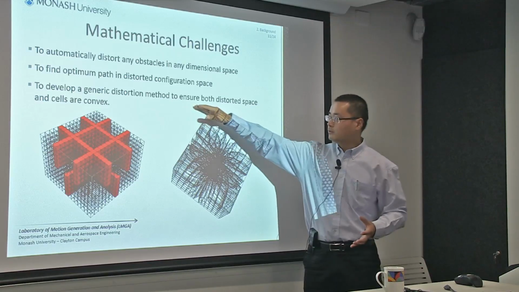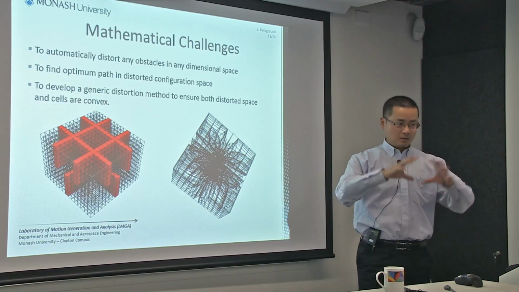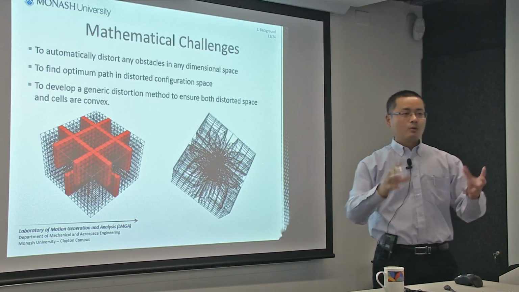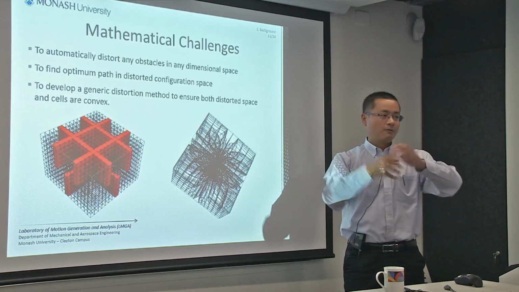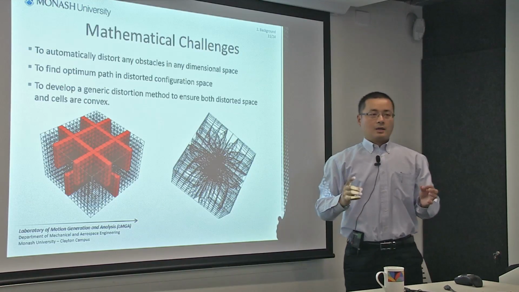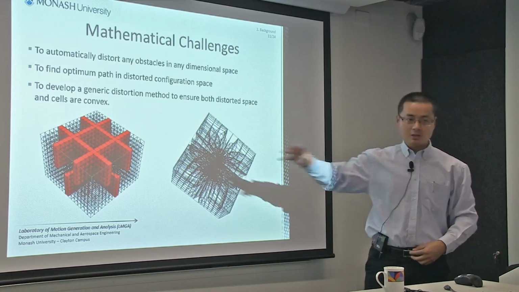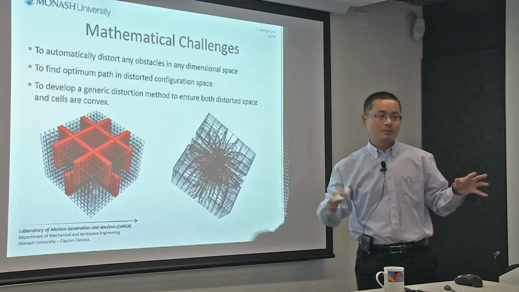also can prove that in the distorted space all the cells are convex, and we don't want some cell to be twisted or folded, as that will not work. And most importantly, we want these methods to be generic and work in any high-dimensional space.